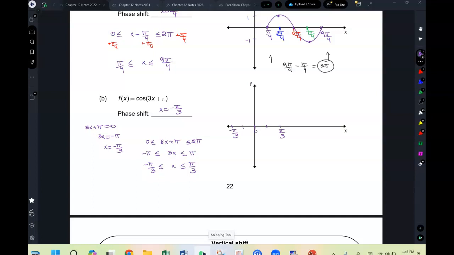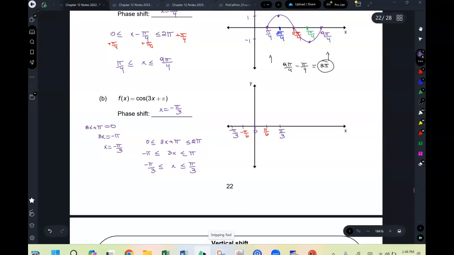So this is 0. And then what's the point between the 0 and pi over 3? How much is that? Pi over 6. Halfway from 0 and pi over 3. That's pi over 6. And then on this side, negative pi over 6. Okay? All right. So here we go.